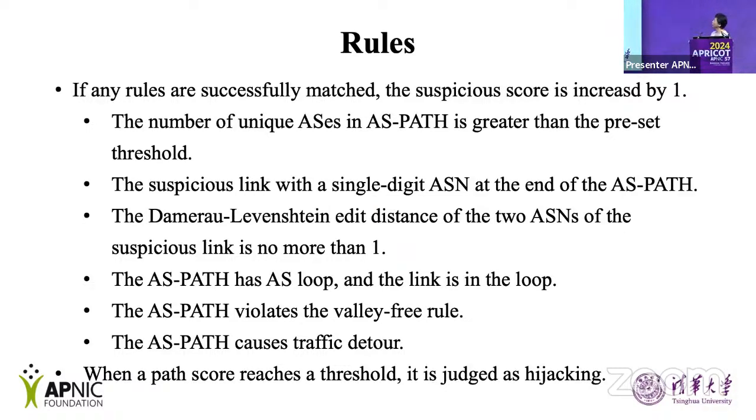These are the rules we used to further evaluate the links. The first is the AS path length. In AS path hijacking, usually the hijacker will append the AS to the end of the path, which makes it longer than a regular AS path.